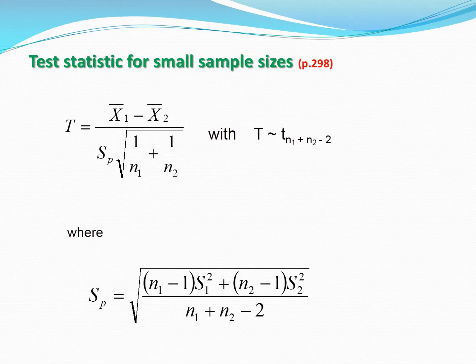So if the standard deviation is given, you need to square those values. You will see in the textbook they give you the SP squared value, which is the pooled variance, but I already square rooted it when I calculate the values on the slides, because we need to substitute the SP value and not the SP squared value.